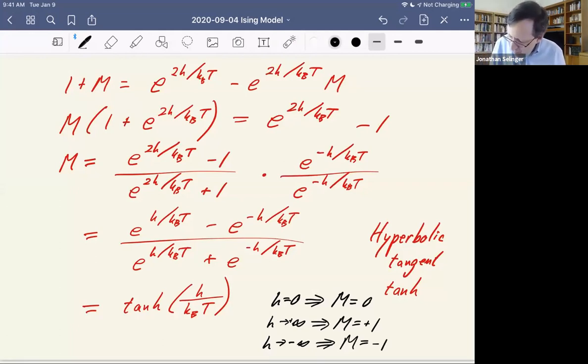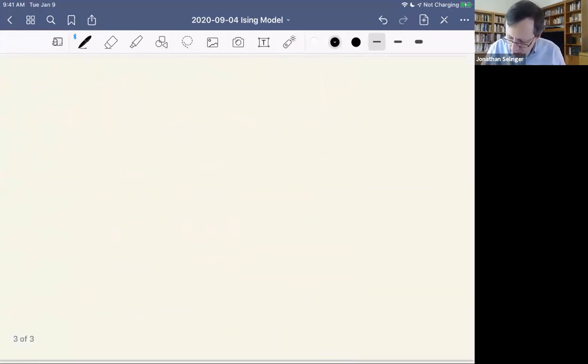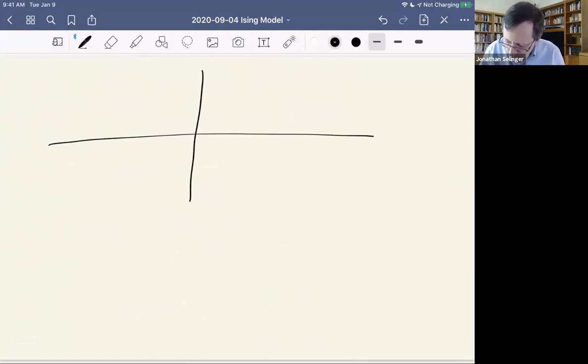So if I were to make a plot of this function, I could make a plot of m versus h. And I would know that when h is 0, m is 0.